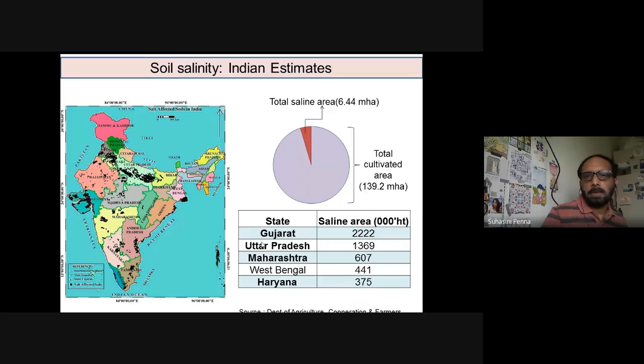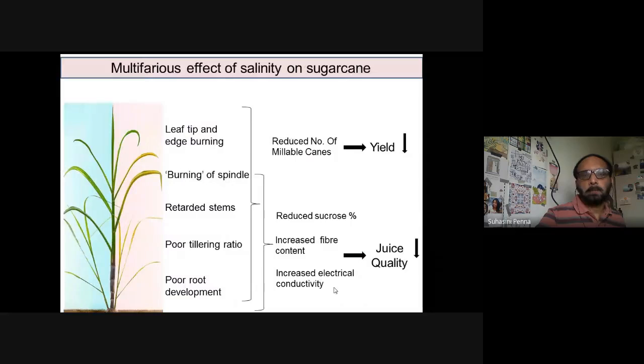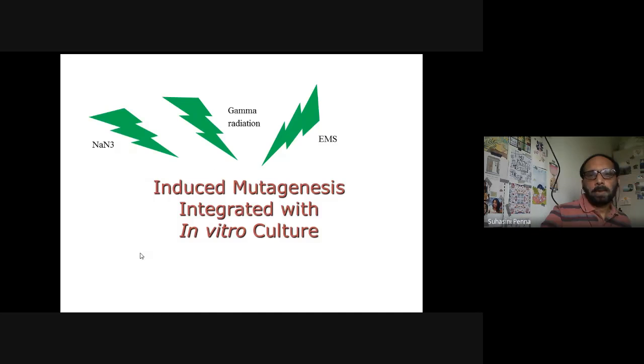Here you can see Gujarat, Uttar Pradesh, Maharashtra, West Bengal and Haryana. And salinity affects to a maximum extent 25% of total sugarcane area. This is just to give you one example of the abiotic stress factors that we have talked about. So it affects yield as well as juice quality.